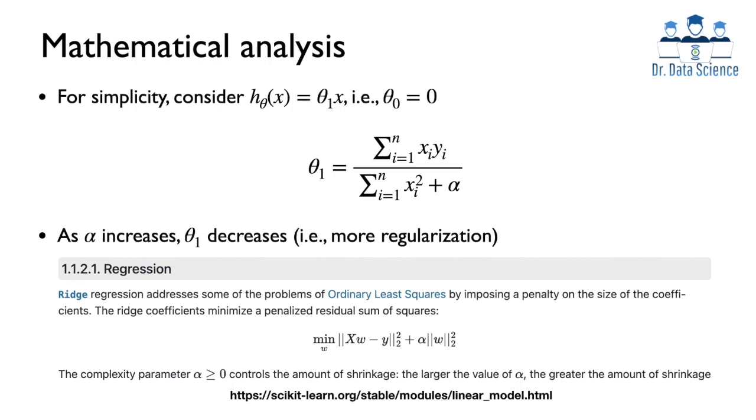So meaning that alpha 0 is no regularization. Alpha, as it increases, we are having more regularization. And as you can see, this is what I have here from scikit-learn when you look at the linear model. And this is also known as ridge regression, right? So this type of regularization term that we added with the sum of the squares or the L2 norm, that's called ridge regression.